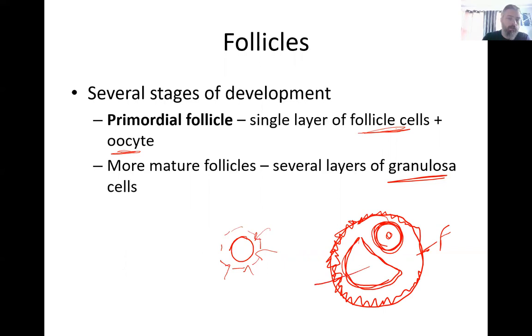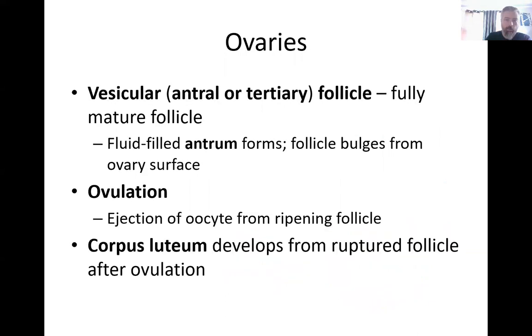This cavity is the antrum. And so by the time we get to that stage, we are what we call an antral or vesicular, sometimes a tertiary follicle. This is fully mature. This does not mean that the ovum has completely undergone meiosis and is done. It just means that the follicle is mature, and by that, we mean it's ready for ovulation.